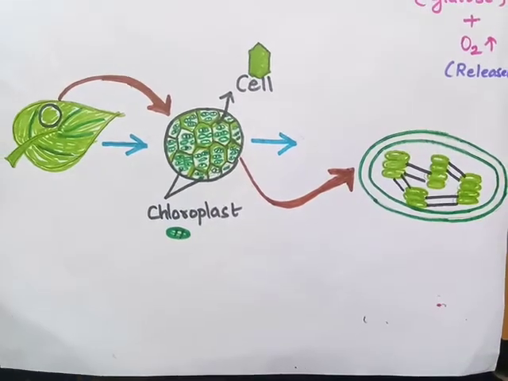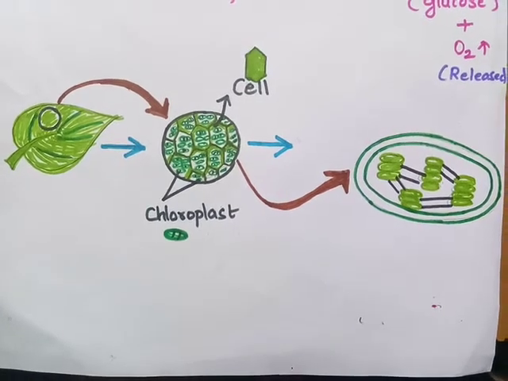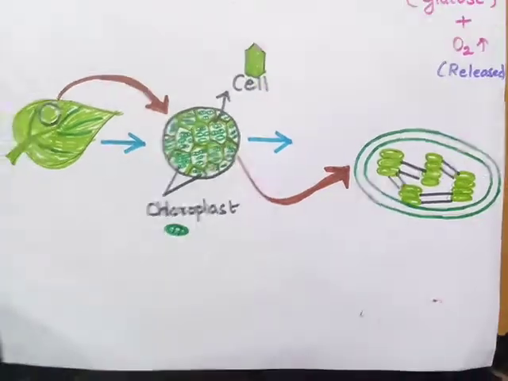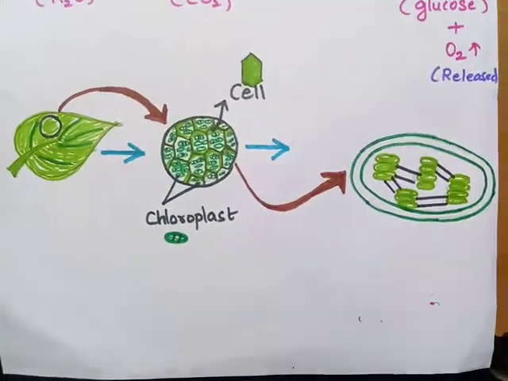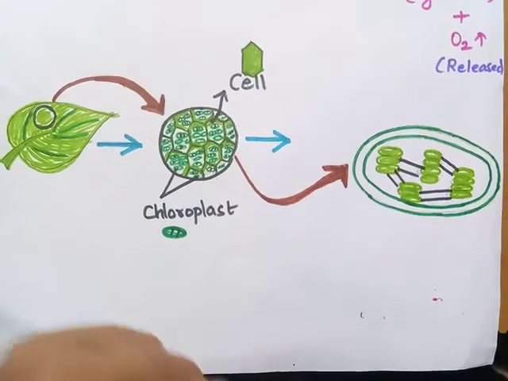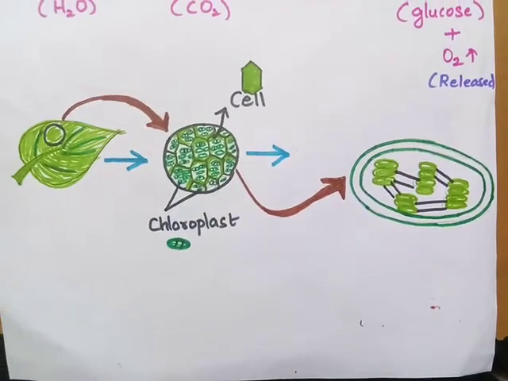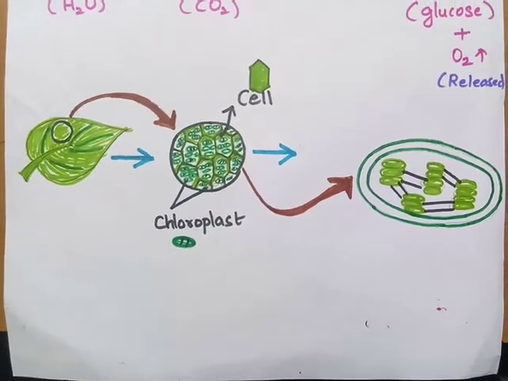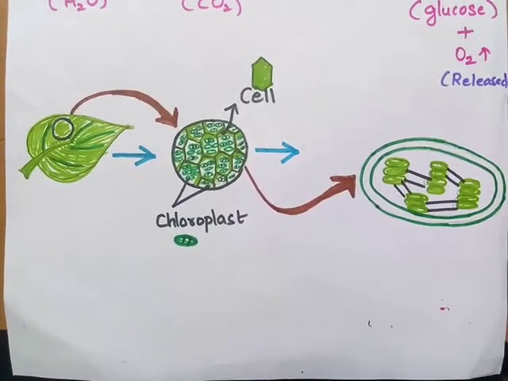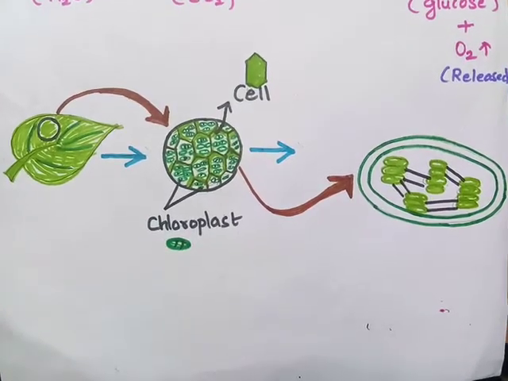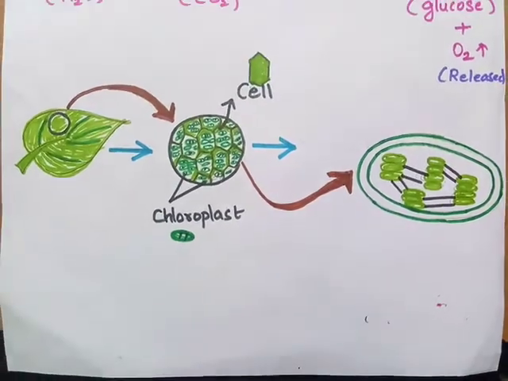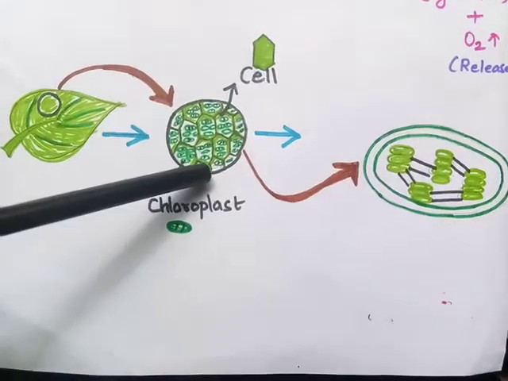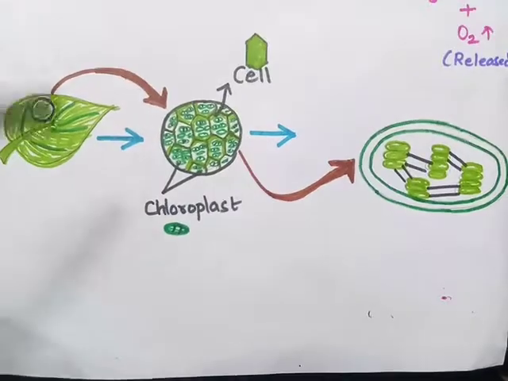Now getting into a little more detail, we know that the leaves are preparing the food. We are studying about the plant cell, and in the plant cell there are organelles. One of the organelles is the chloroplast. The reason for photosynthesis is the presence of chloroplast in the leaf cells.